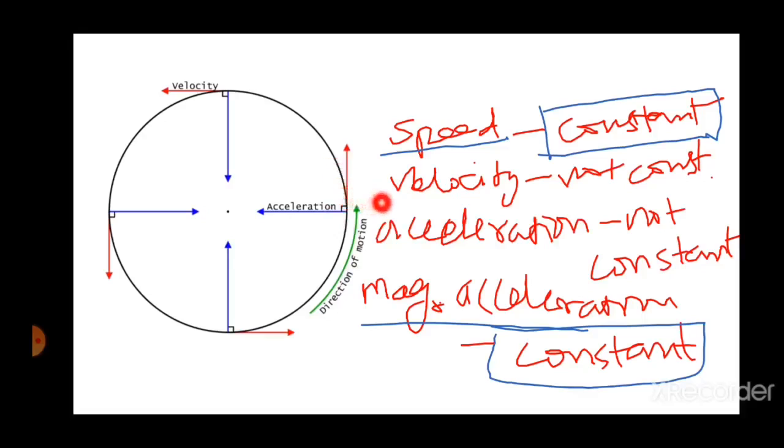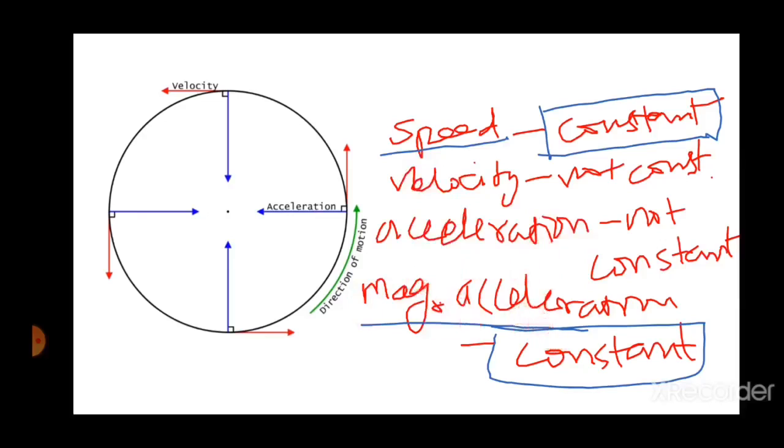So students, here the magnitude of centripetal acceleration is constant for uniform circular motion, but centripetal acceleration is not constant, as it takes different directions during the motion. So here the speed is constant, velocity is not constant, acceleration is also not constant, but the magnitude of acceleration is constant.